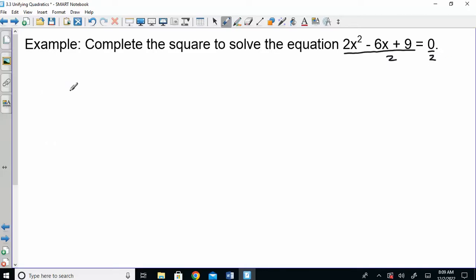So x squared minus 3x plus 9 over 2 equals 0. Remember, in completing the square, we need all the x's on one side and we need the constant on the other. So we're going to bring over that negative 9 over 2.